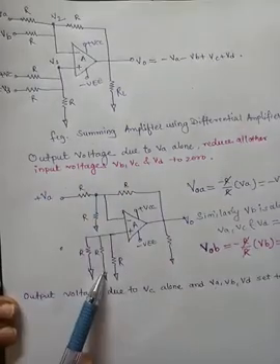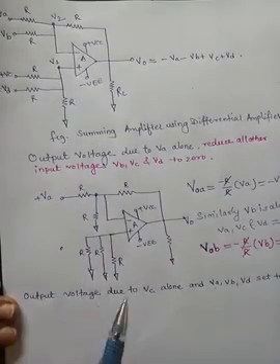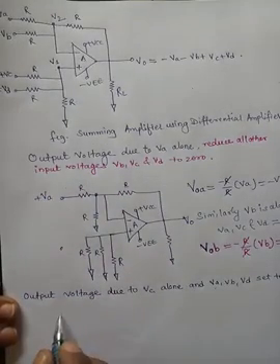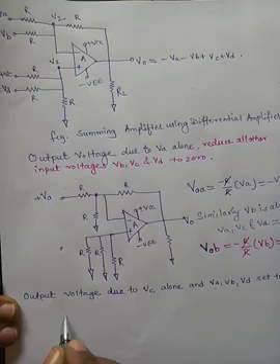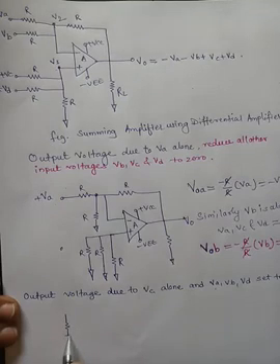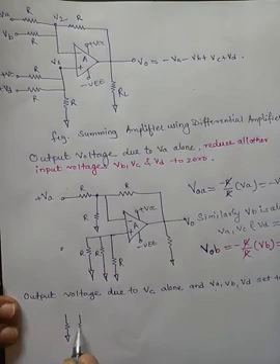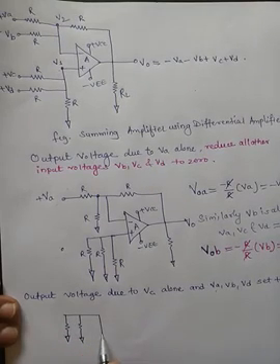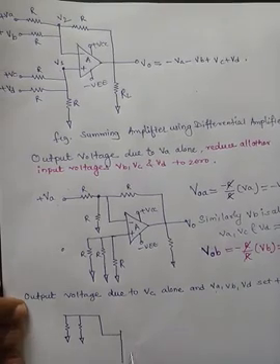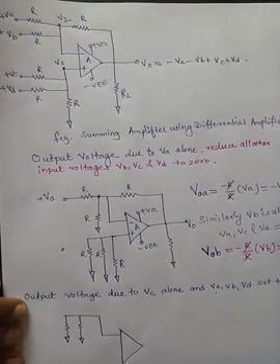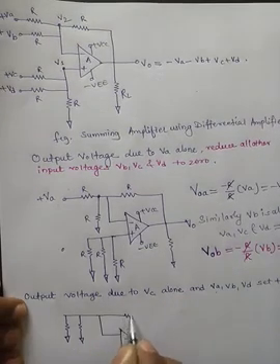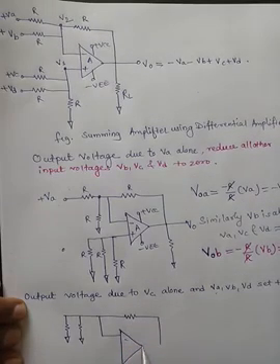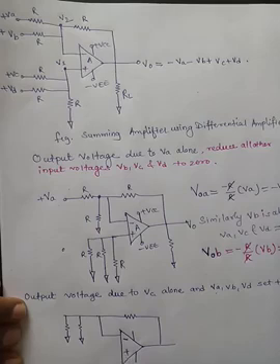How will this circuit look? We will redraw it here. All other sources, VA and VB, are connected to ground. This is the feedback resistor, the inverting input terminal, and the non-inverting terminal. Which signal is present?